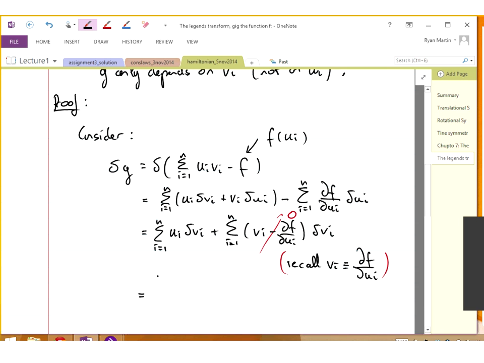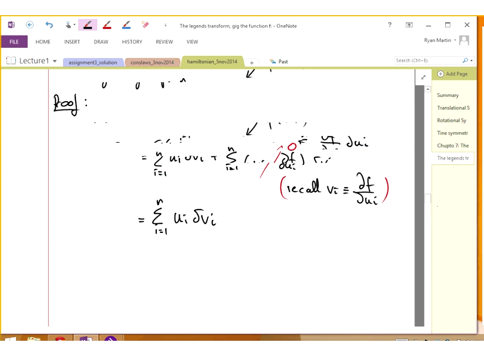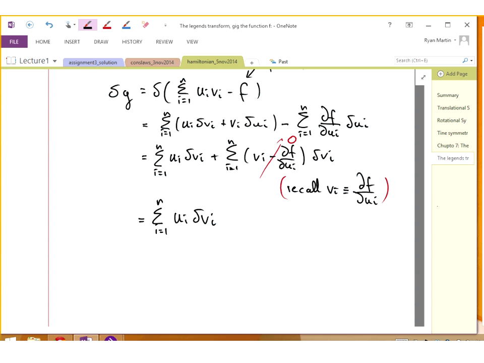And so what we find is that the variation of g is given by a sum from i equals 1 to n of u_i delta v_i. So it doesn't actually depend on the variation of the u's. In other words, if you change the u's, it's not going to change g.